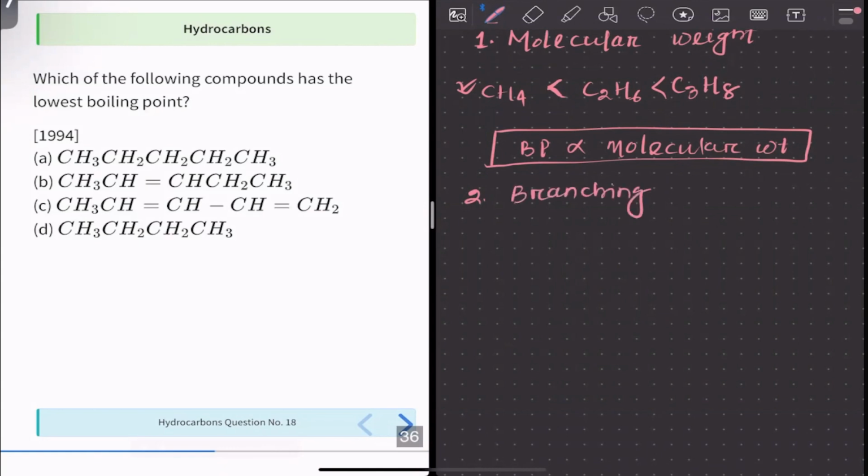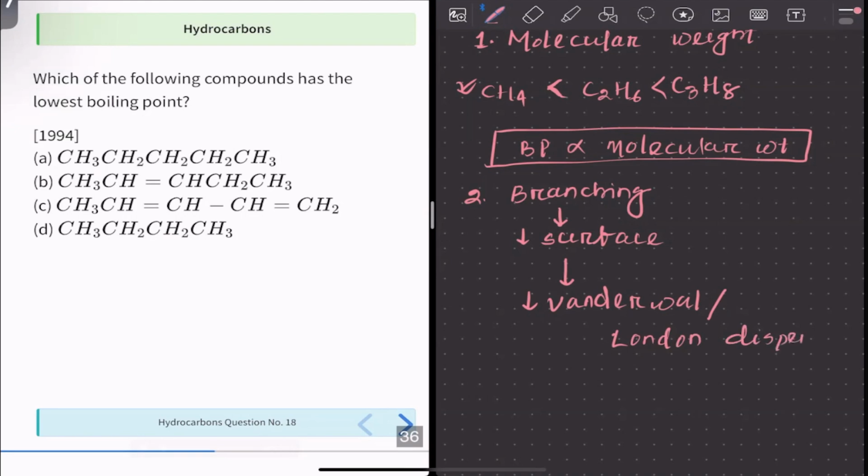Okay, due to branching of the hydrocarbons, the surface area will decrease. Due to this decrease in surface area, the van der Waals forces, or London dispersion forces, will decrease among the compounds.